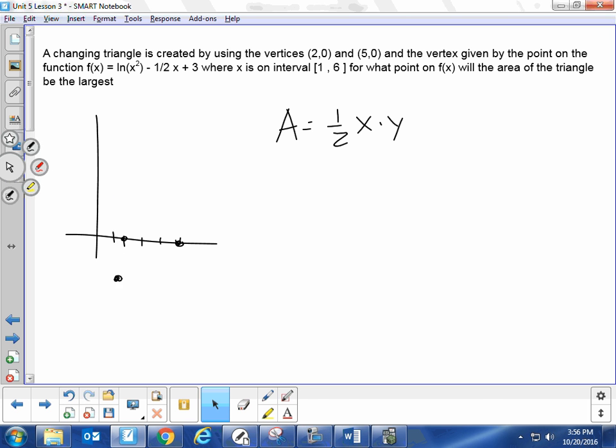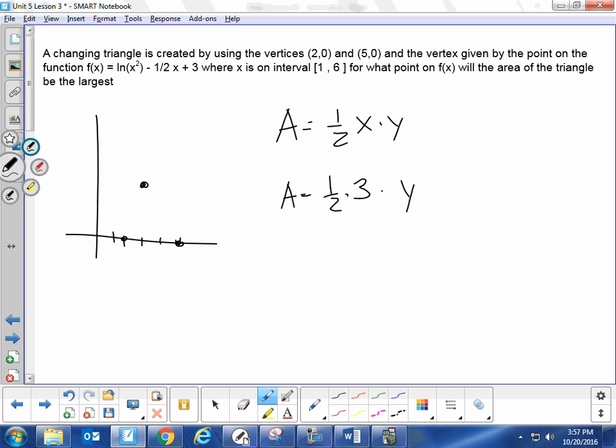So it's actually a situation where I want to maximize 1/2. My horizontal is always going to be 3, and my vertical is y. Well, I could also just plug that in for y, or I can just think about, I need to figure out when y is the greatest or the least on this interval from 1 to 6.